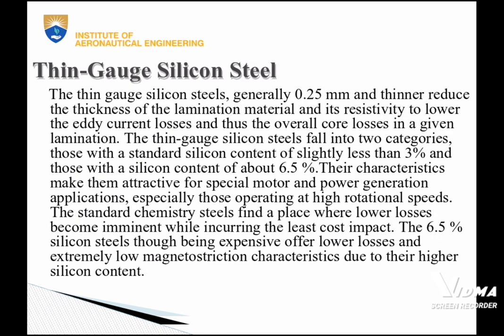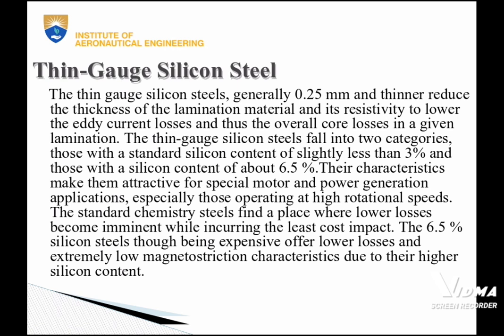Thin gauge silicon steel. Thin gauge silicon steel, generally 0.25 mm and thinner, reduces the thickness of the lamination material and increases its resistivity to lower the eddy current losses, and thus the overall core losses in a given lamination.